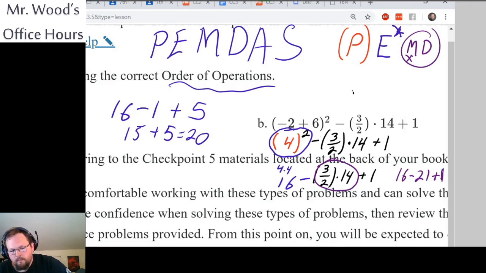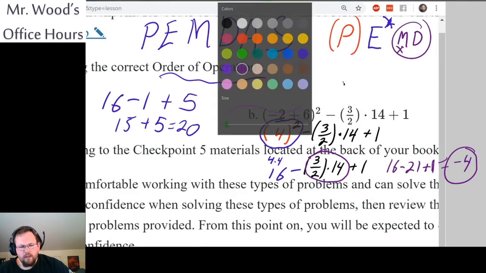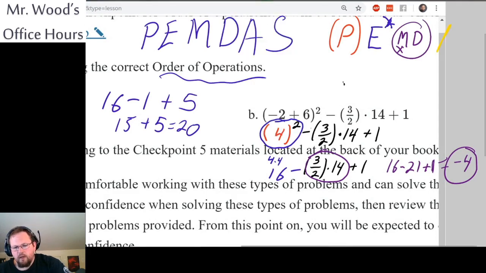Okay. So 16 minus 21 plus 1 should give you, I think, -4. It should walk you through, and you should be able to get -4 off of those. And again, your last step is always addition and subtraction.